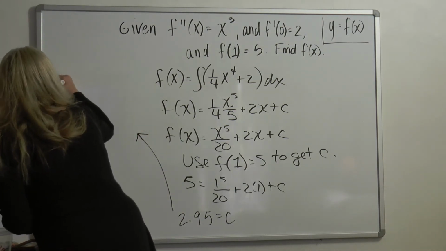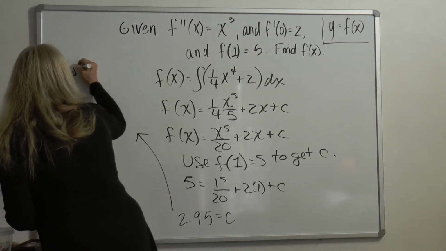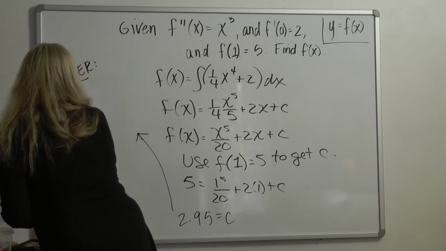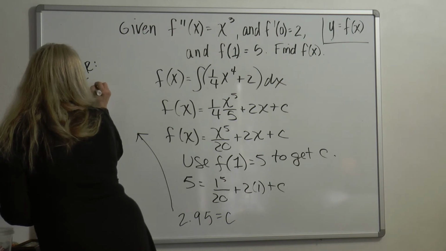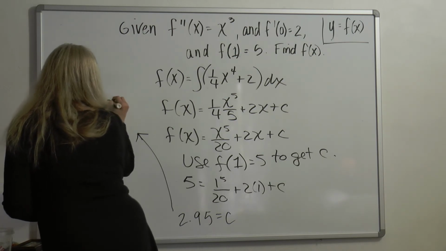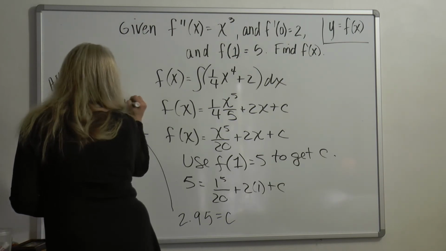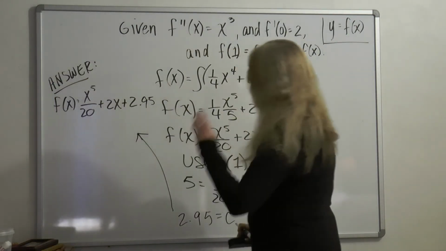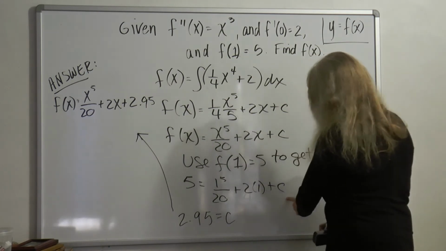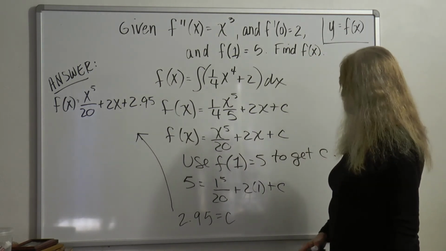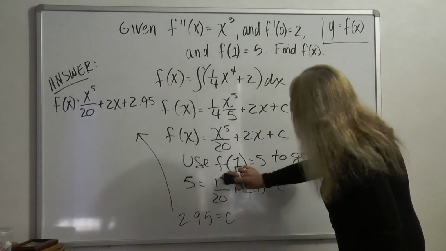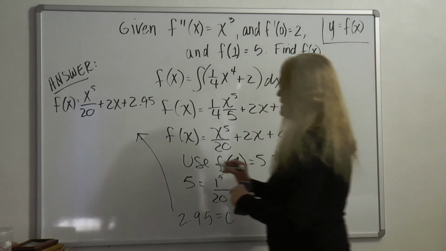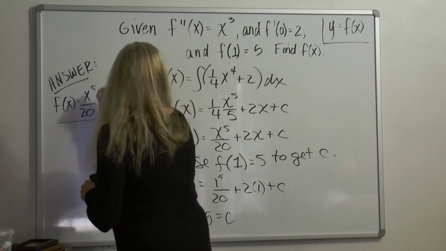Okay. So then replace the c with 2.95. This is a 1 to the fifth, not a 15. Okay, so that gives us the answer to our question.